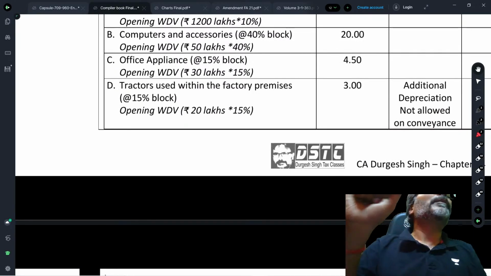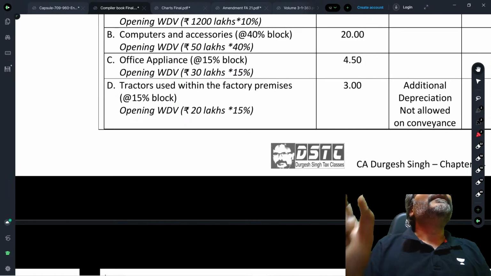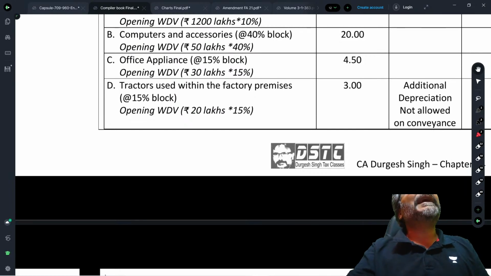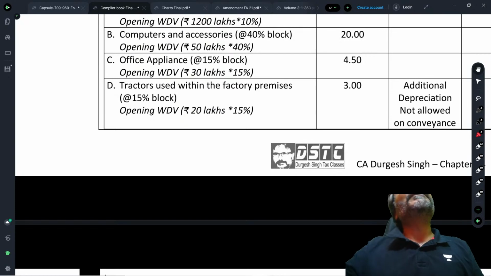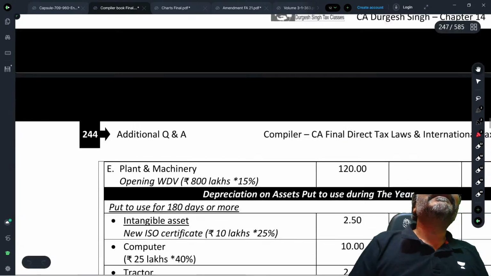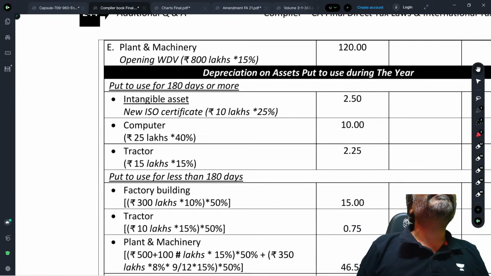So students, supposing in the foreign country the income is charged to tax, but then there is an exemption available in that foreign country, then what will we say? Is this person liable to tax in the foreign country? Answer is yes, he is liable to tax in the foreign country.